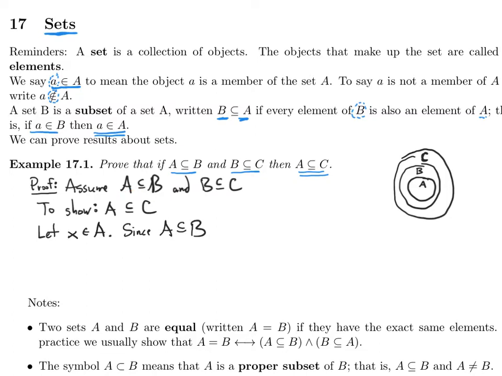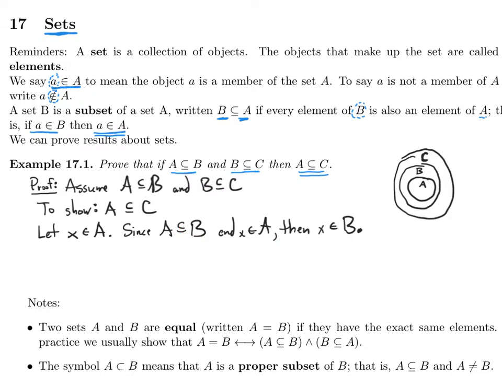All elements of A are also in B. So, since A is a subset of B, and x is an element of A, then we know that x is an element of B. That's the definition of a subset. If it's in A, then it's also in B.